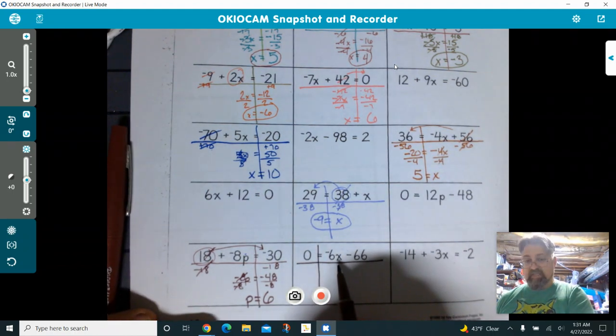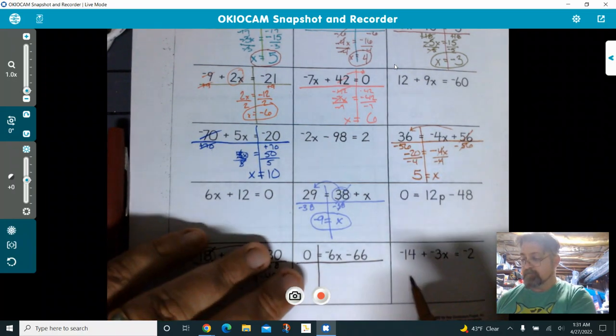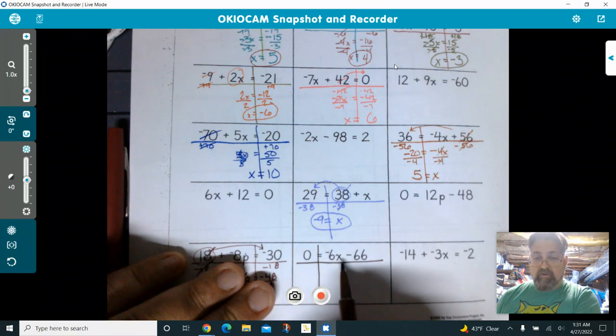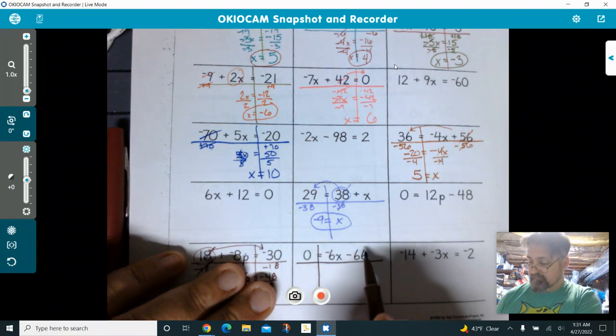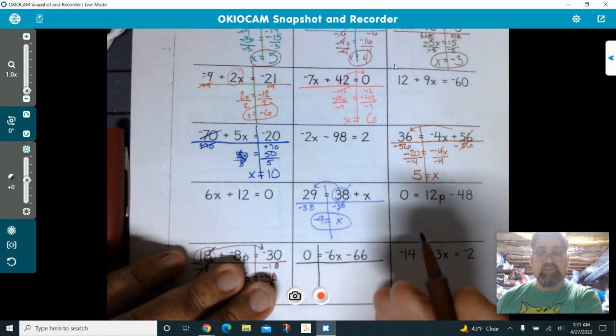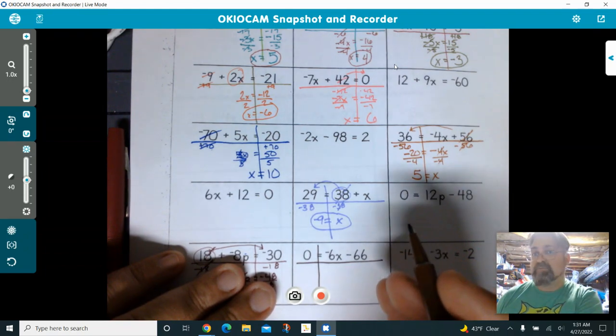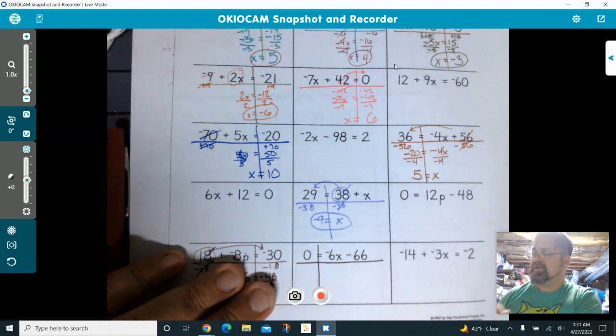Zero equals negative 6x minus 66. Okay. So all my letters are already over here, so I'm going to scoop these numbers to the other side. So to get rid of a minus 66 or a negative 66, I have to do the opposite. What's the opposite of minus 66? I heard it.